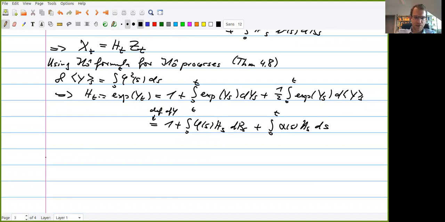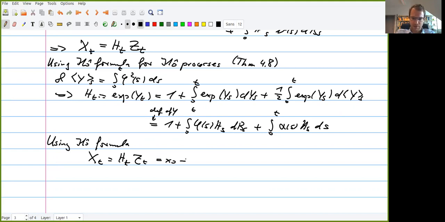All right, and now I use Ito's formula again, for x now. How do I want to use it? Well, I want to use it for the product of h and z. This is a product of two Ito processes, so I can also directly use the product rule, which you have had on the problem sheets.